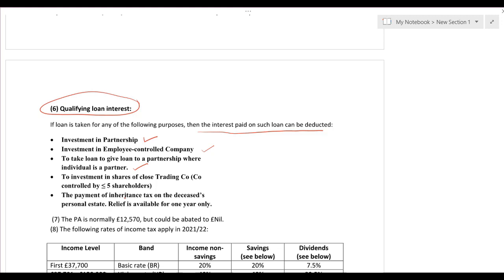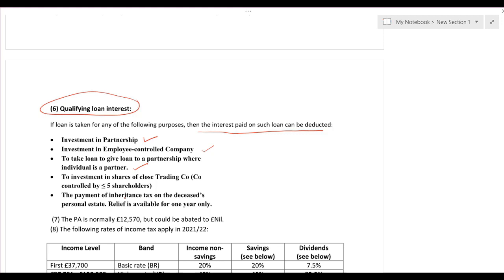So for example, let's say Mr. Y is dead and his son is Mr. X. Mr. X took the loan just to pay the inheritance tax liability on his father's estate.